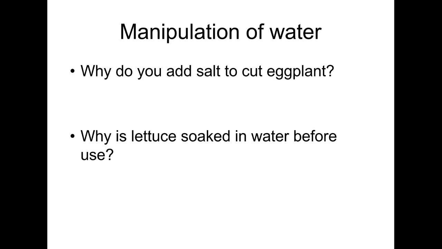Now, let's manipulate water. Anybody ever make eggplant parmesan or anything? Why do you take your eggplant, you cut it in slices, and you usually either put it in salt water or you actually put salt on it? What are you doing? You're desiccating it. You're basically moving water from inside of the eggplant to the outside of the eggplant.